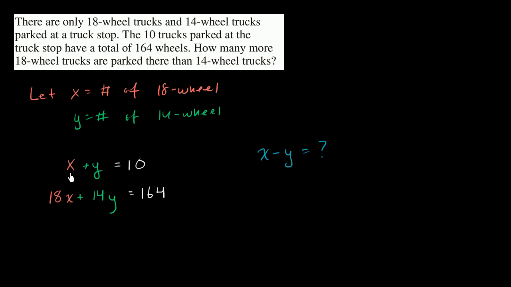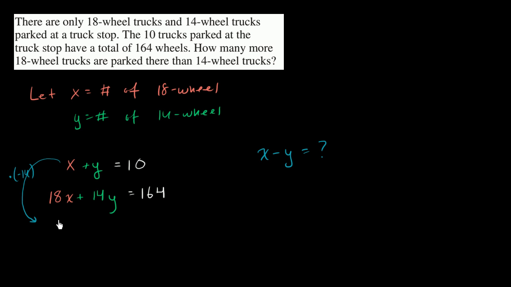So let's see, we could do this many ways. The way that jumps out at me most obviously is to take this top equation and multiply it by negative 14.